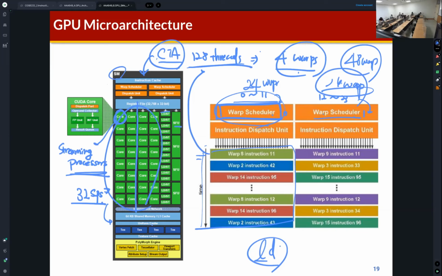So sometimes the latency from memory instructions hurts GPU performance. But usually the latency of the other execution units can be effectively hidden by multiple warps.